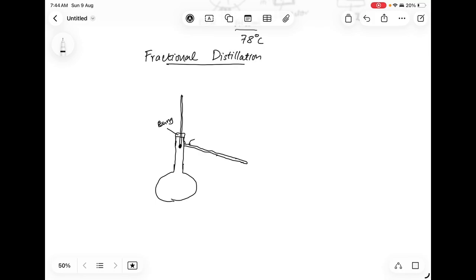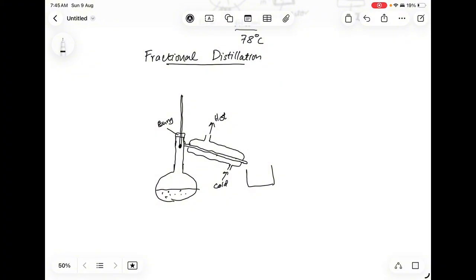And just like simple distillation, it's also covered with a condenser. All right, so water in and water out. By the way, cold water in and hot or warm water out. And here we are going to collect whatever liquid this is.